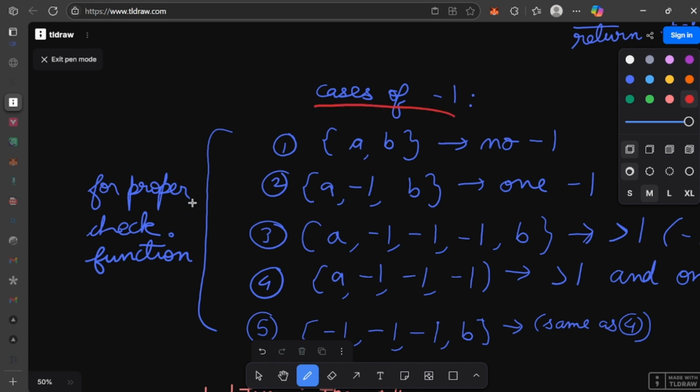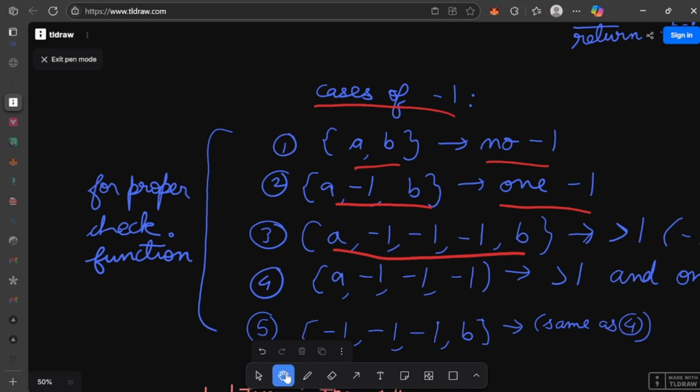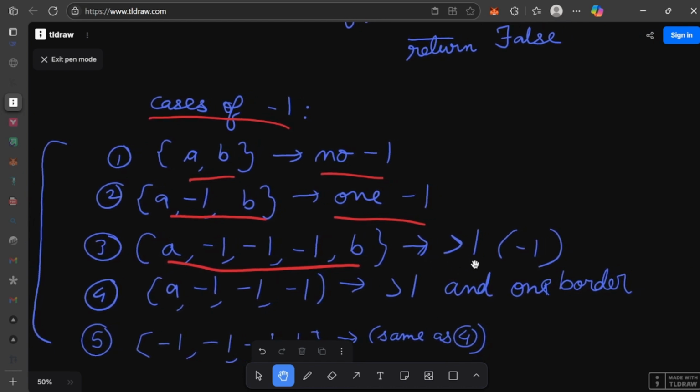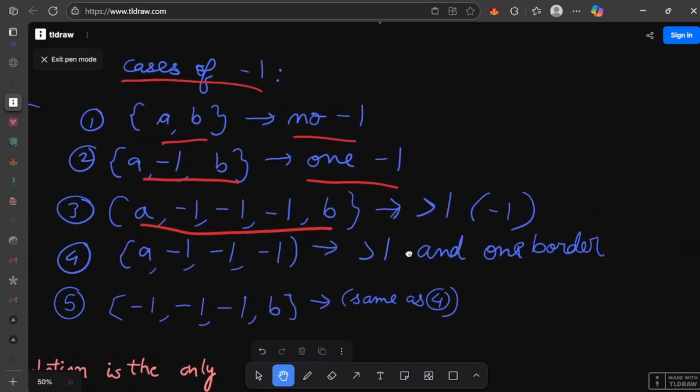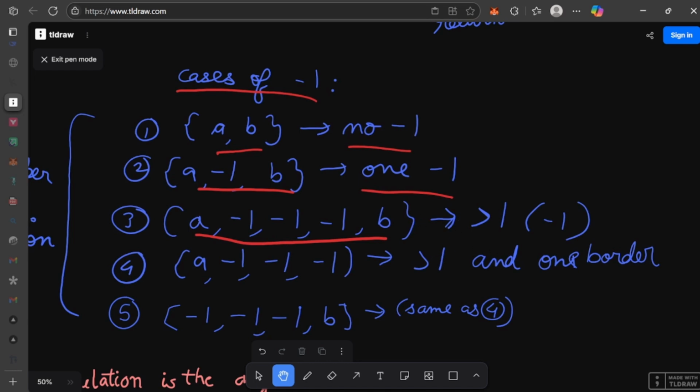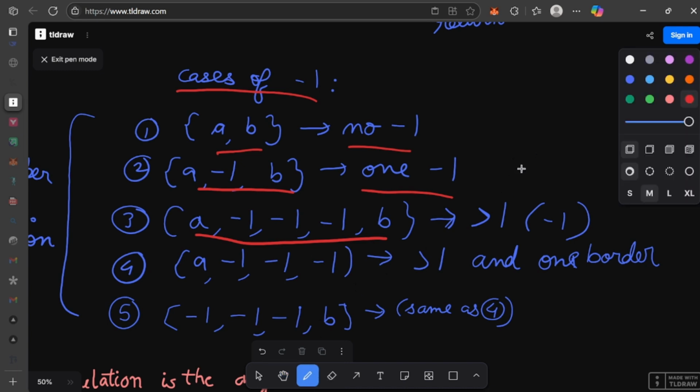So cases of minus 1. See, 1 is not negative. This is the second 1. So basically we have to keep count of these negative ones in our check function itself. If the count is greater than 1, and here also if its count is greater than 1 and 1 border. Why we are checking this specially is because we have the option of substituting the minus ones here with x or y or both.